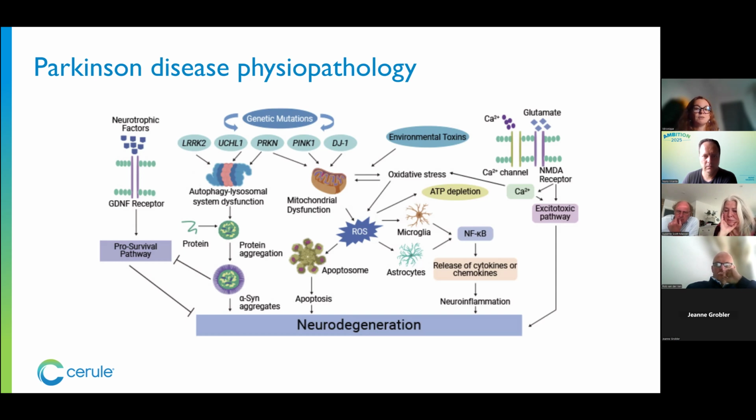And this activation of the microglia, the immune cells, will release cytokines and chemokines and contribute to the neuroinflammation. And this neuroinflammation and oxidative stress will trigger the neuron apoptosis and this neurodegeneration. So what is important to keep in mind in this physiopathology is the oxidative stress, the mitochondrial dysfunction and neuroinflammation.